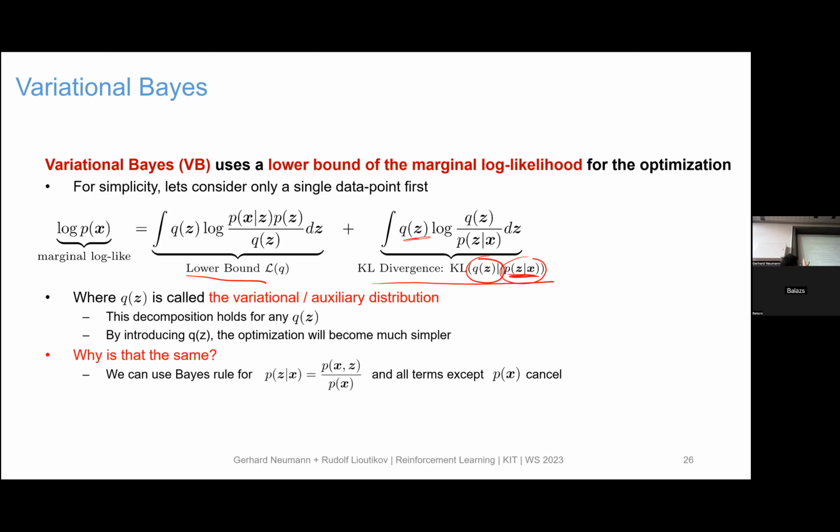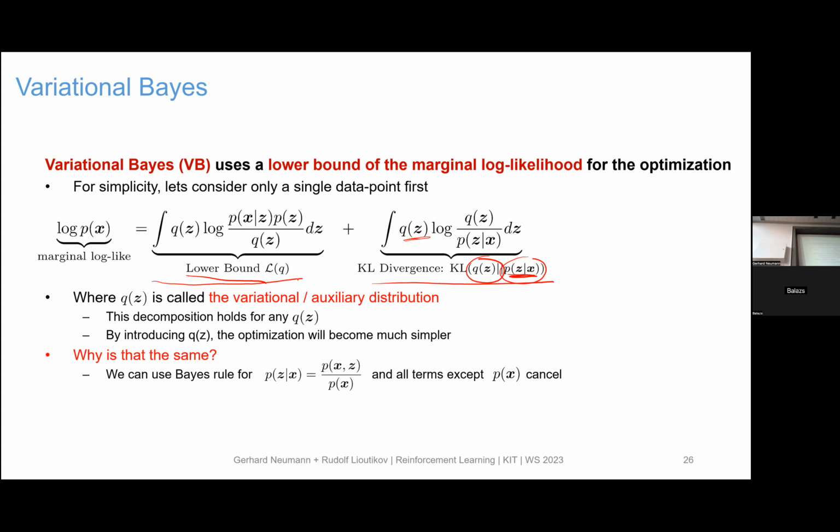We can always say log p of x, the marginal likelihood, is lower bounded by this term minus the Kullback-Leibler divergence, and this lower bound is valid for any q. It doesn't matter; q just needs to be a distribution. It's always valid. So maybe one question: I now say this is the lower bound, the left side here.